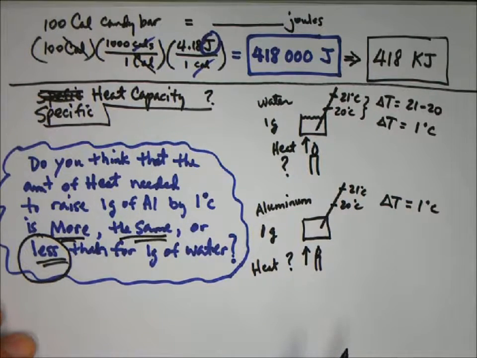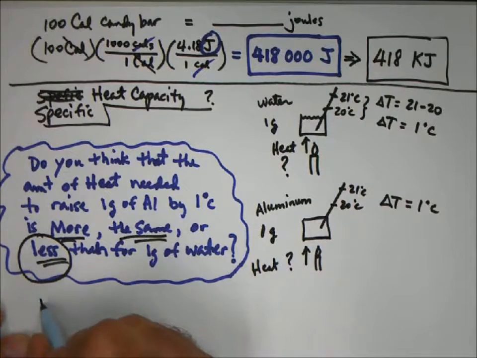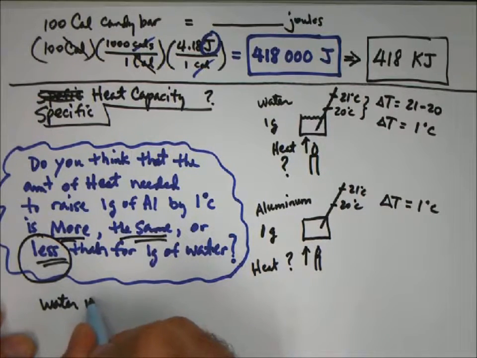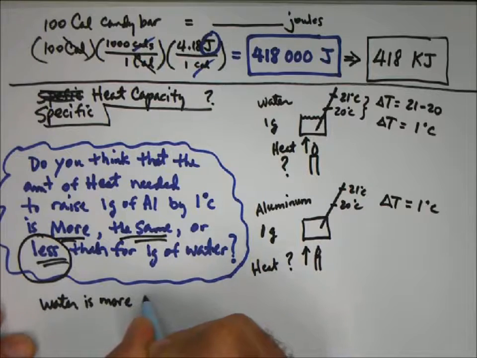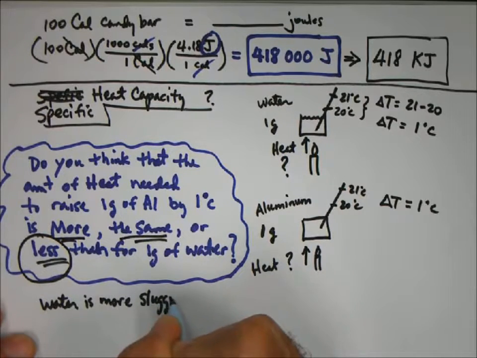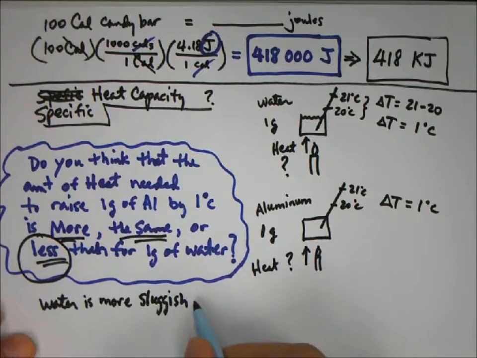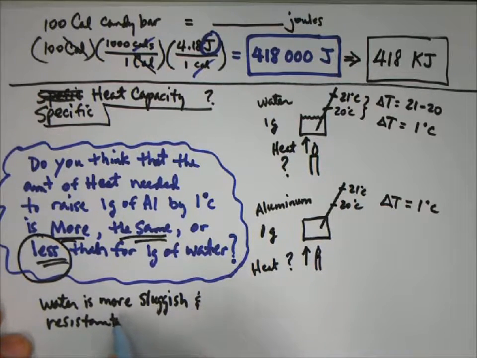So water is more sluggish and resistant, has more inertia basically. Water is more sluggish and resistant to added heat.